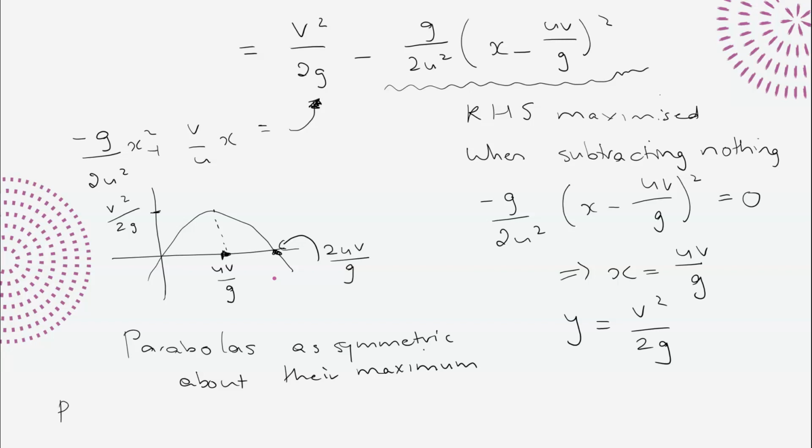And the question asks you for the range, so it goes from 0 to 2uv over g. You could have solved y equals 0, because remember, y equals 0 on the x-axis. You could have solved that. You'd have got the same answer.